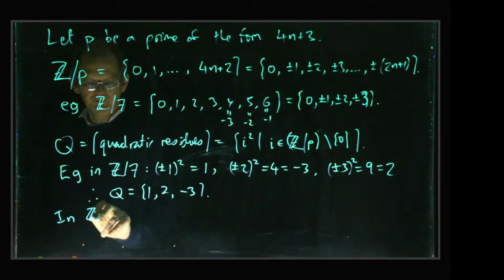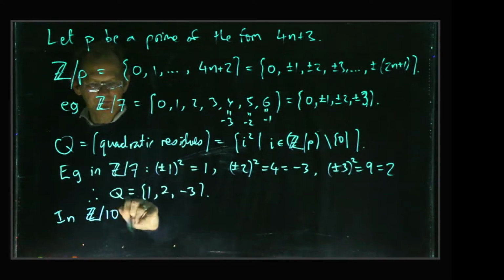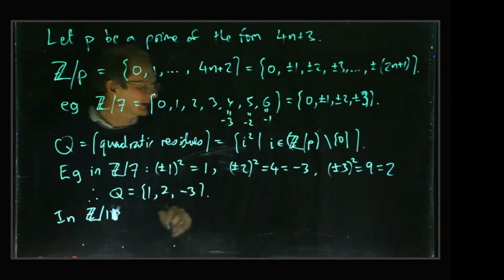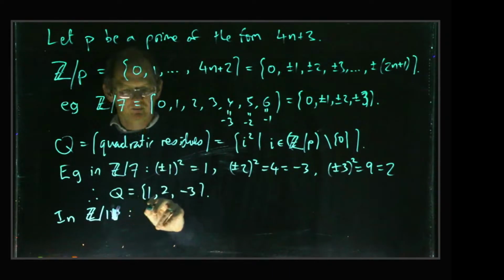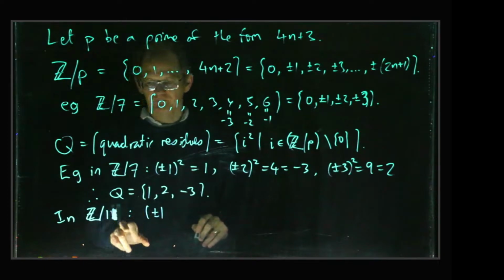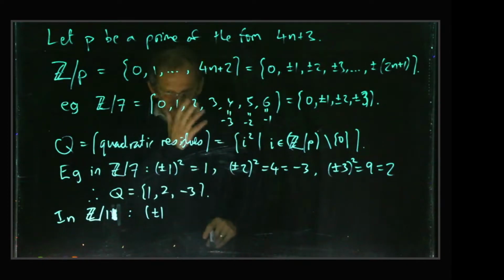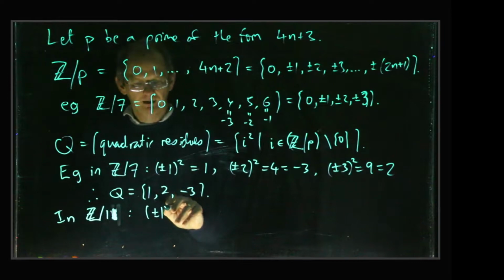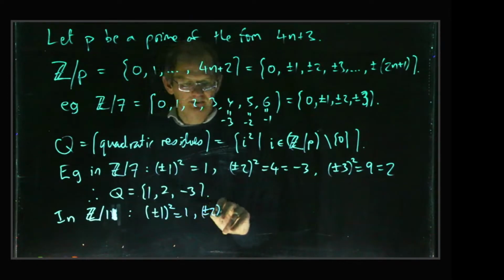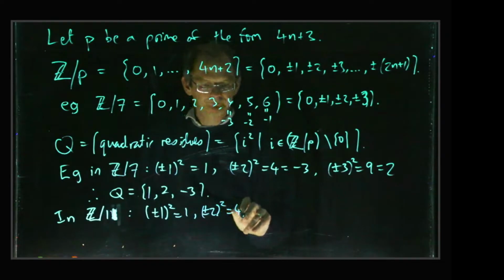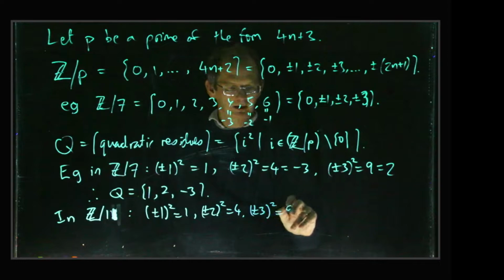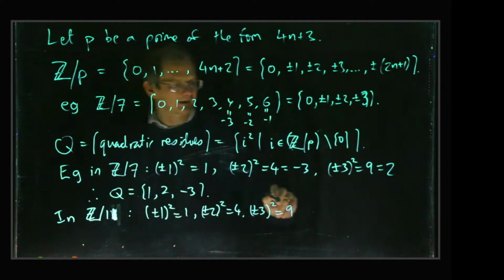Let's do the same exercise mod 11. In Z mod 11 you've got the numbers plus or minus 1 up to plus or minus 5. Plus or minus 1 squared is 1 again. Plus or minus 2 squared is 4. Plus or minus 3 squared is 9, which is minus 2 mod 11.